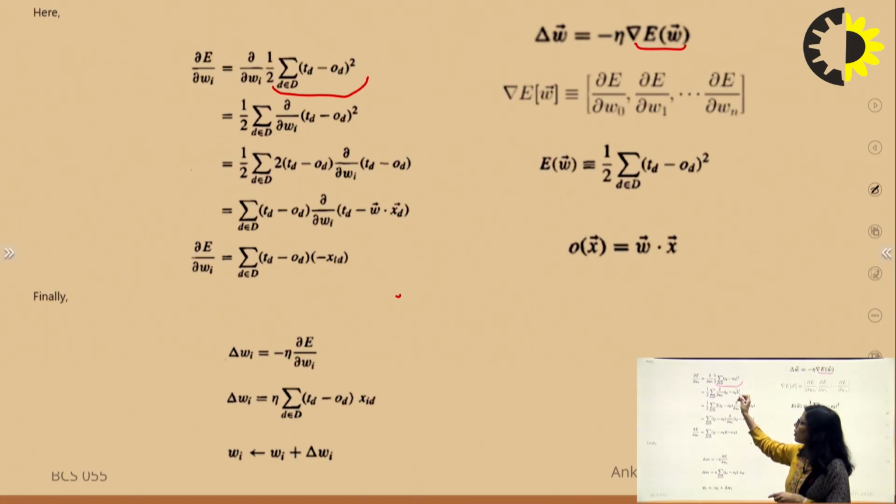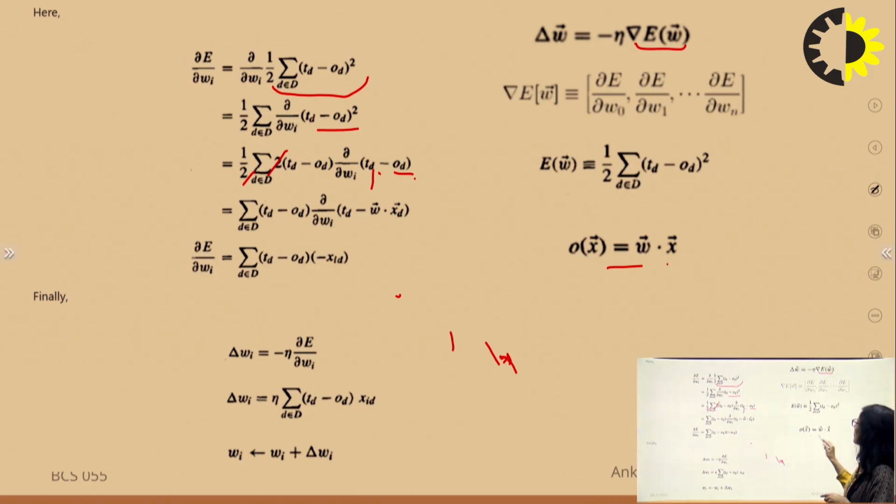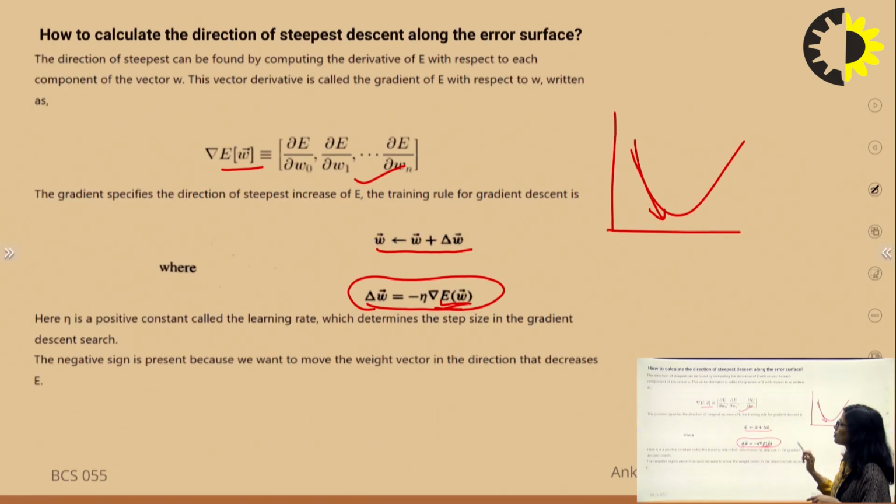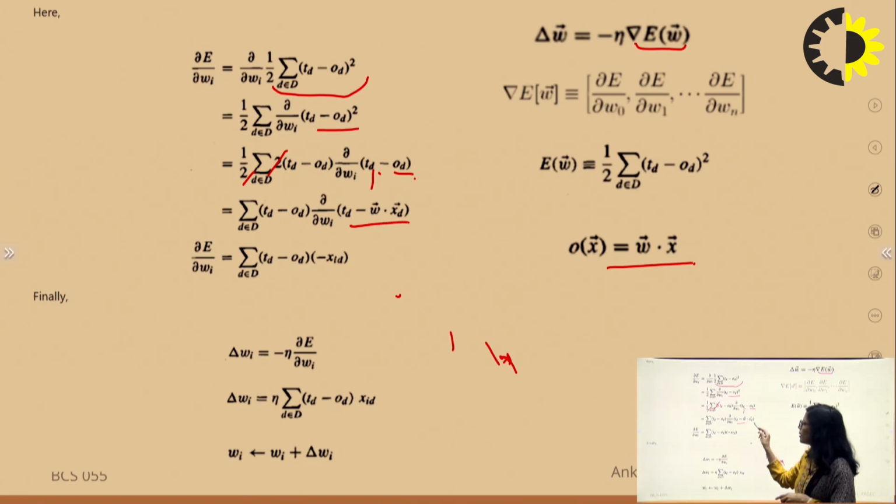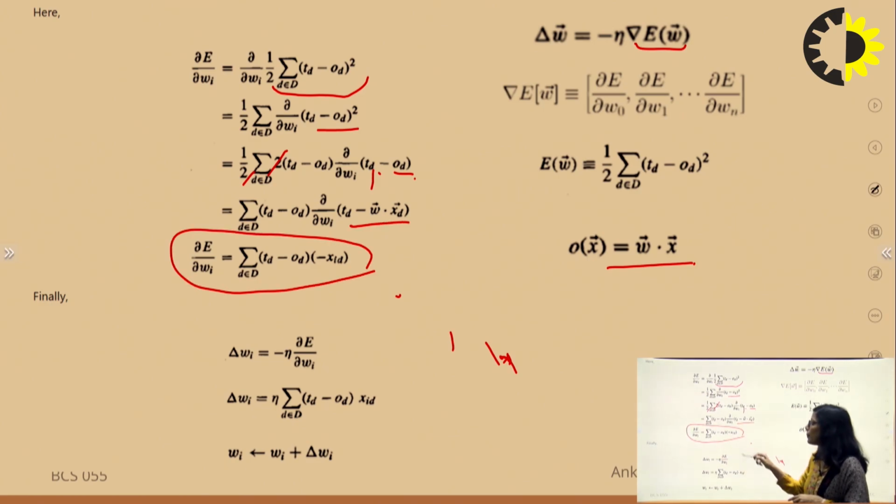When I differentiate it, by the simple rule of differentiation, the target output is constant, so that term cancels out, and I get OD, where OD is equal to W times X. Ultimately I get del E upon del W equal to this. When I apply it to my delta W, my output becomes this. So this is my delta rule, which leads to back propagation.